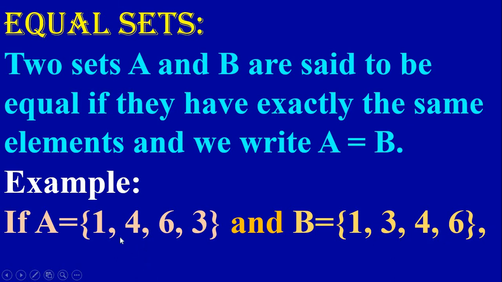Now in A we have 1, in B also we have 1, and here we have 4, here also it is 4, 6, 6, 3, 3. And in sets, order is not important. All the elements in set A and set B are the same. Here it is 1, 3, 4, 6. Here also it is 1, 3, 4, 6. Order is not important. So therefore here set A and set B are equal. So we write A equal to B.